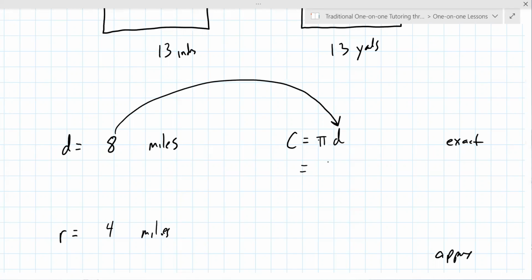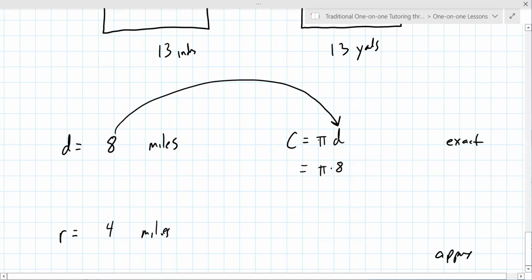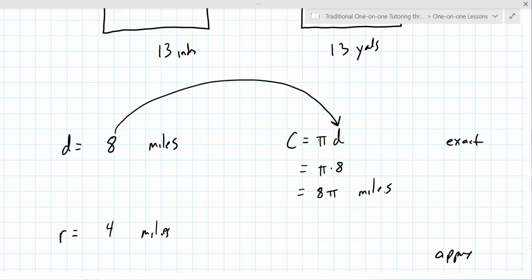No. What is the value of D? The value of D is 8. Yes. So what number goes in for D? 8. Okay. So it's pi times 8. That's it. So the answer is 8 pi. What are the units? Miles. Good. Now give me the approximate.